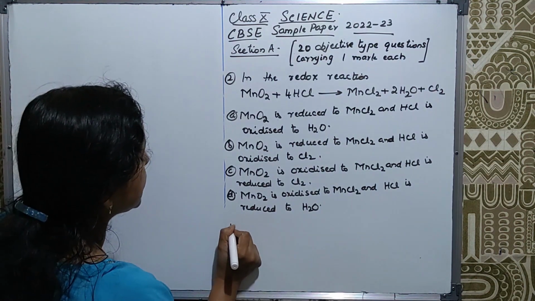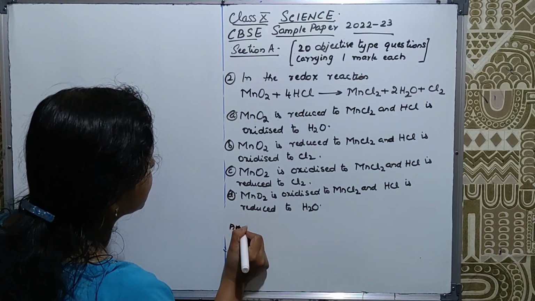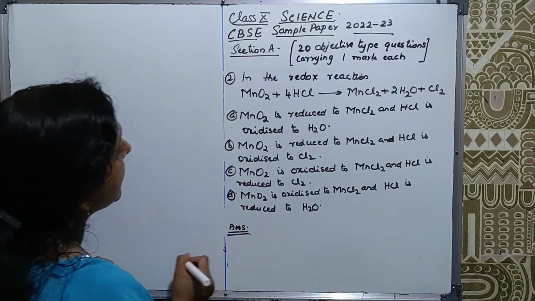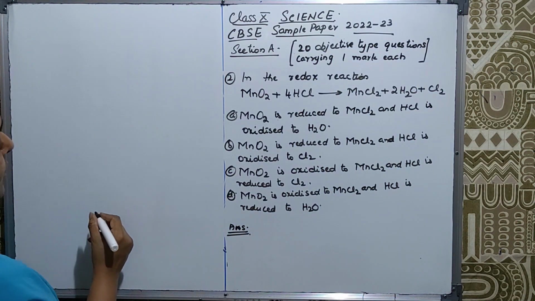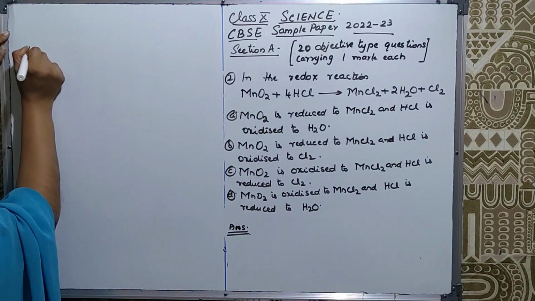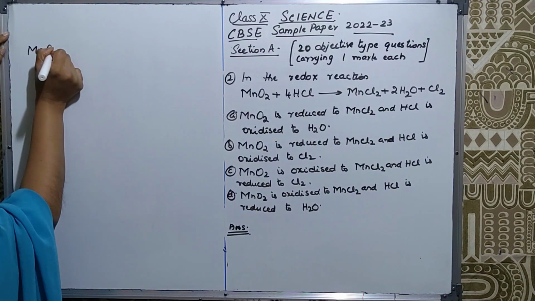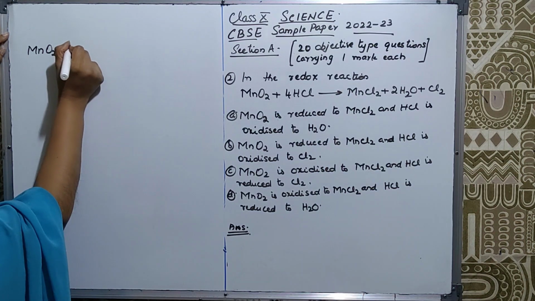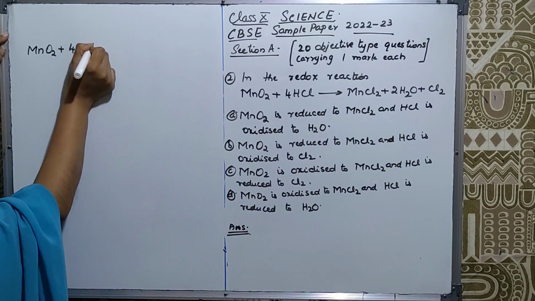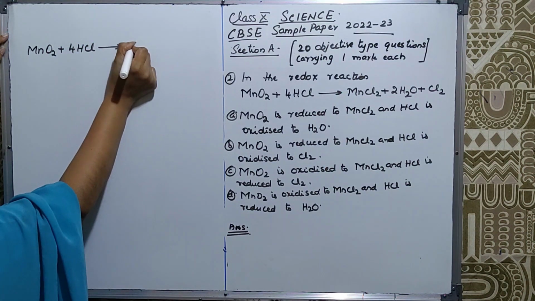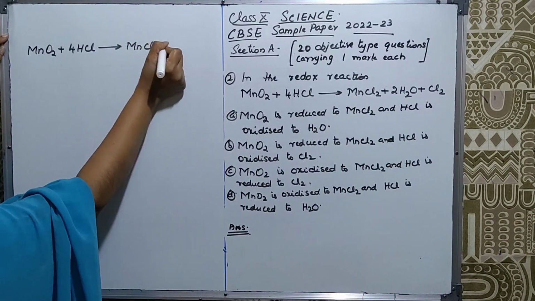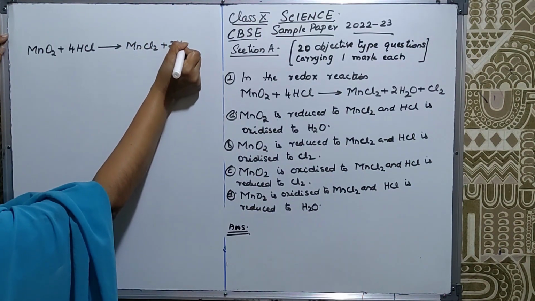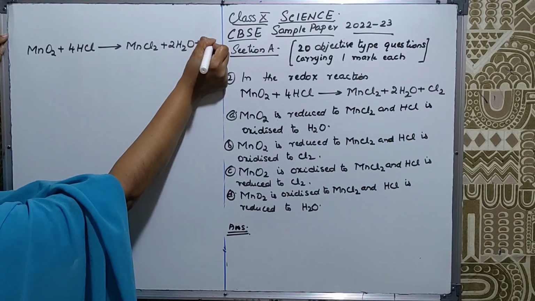In the answer part, first we will identify which substance is oxidized and which is reduced. I will write the equation once more. MnO2, manganese dioxide, reacts with hydrochloric acid, HCl, to give manganese chloride, MnCl2, plus 2H2O plus Cl2.